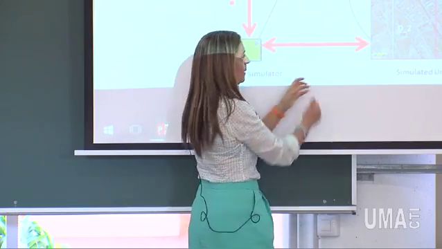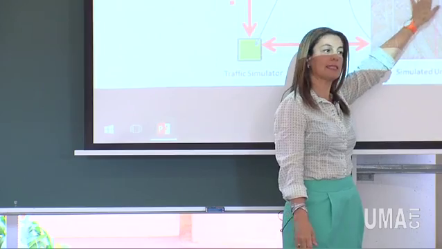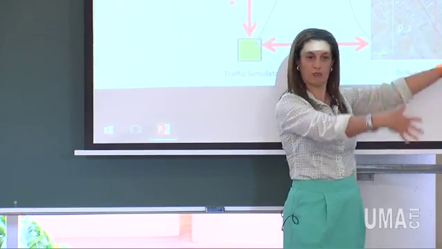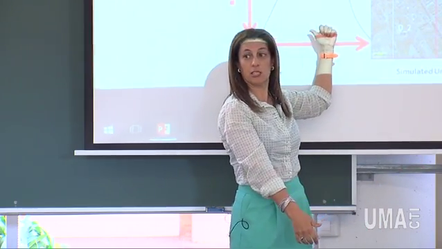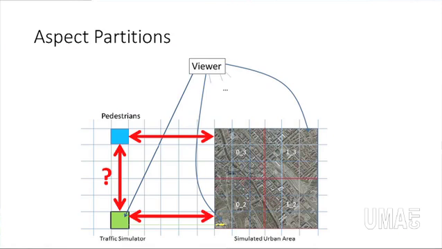For example, the modelers might want to put some traffic lights in the world, some 3D objects that are the traffic lights. Now, if I want to add traffic lights, my traffic simulator needs to know where the traffic lights are. So I would have to have some sort of data sharing over here, and then also over here, right?